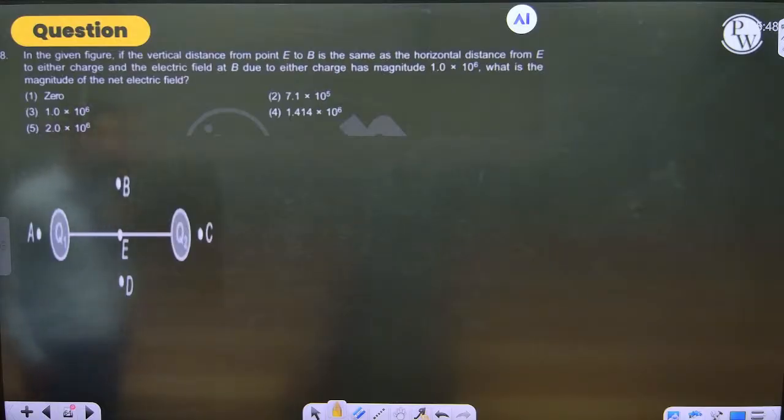Time's almost about to be over. Fine, we'll do this question next time because we have to find the magnitude of the field. That's a lot of calculations.